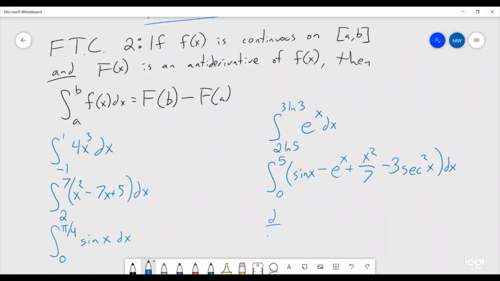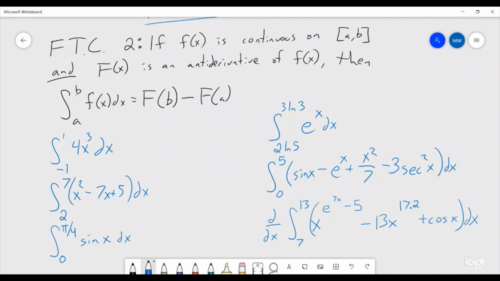And last but not least, derivative with respect to x of the integral from 7 to 13 of x to the e to the 7x minus 5 minus 13x to the 17.2 plus cosine of x dx.